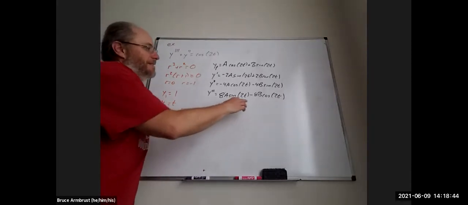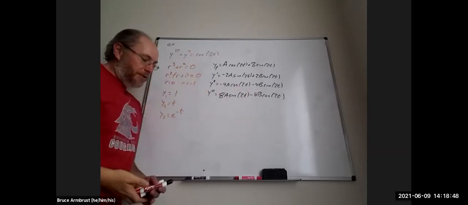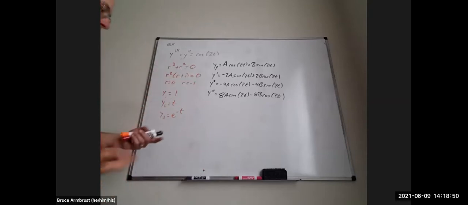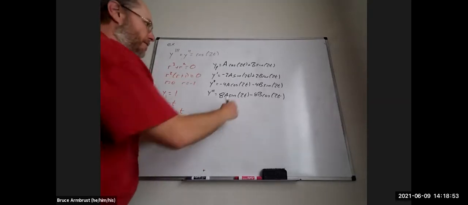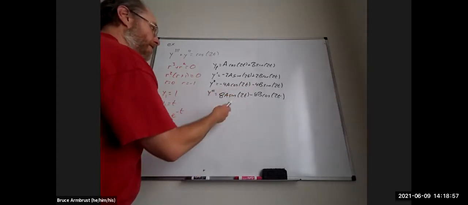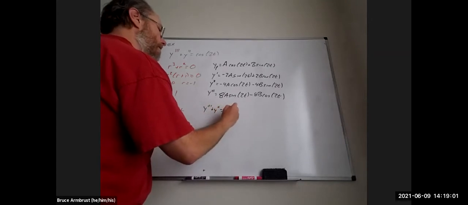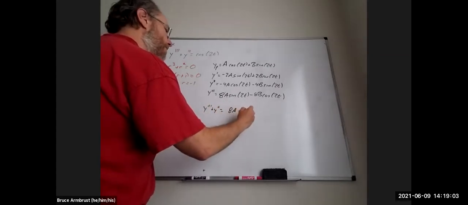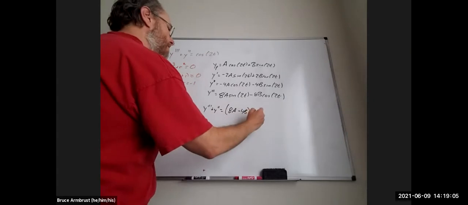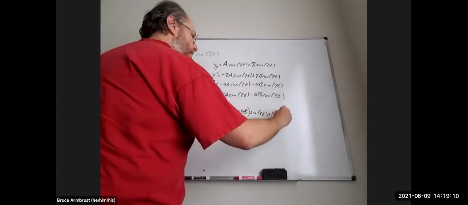that. All right, so let's take these and put them into the differential equation. We're taking the third derivative plus the second derivative. If we combine those, and I'm going to group them by sine and cosine, we get 8a minus 4b times the sine of 2t plus negative 4a minus 8b times the cosine of 2t.